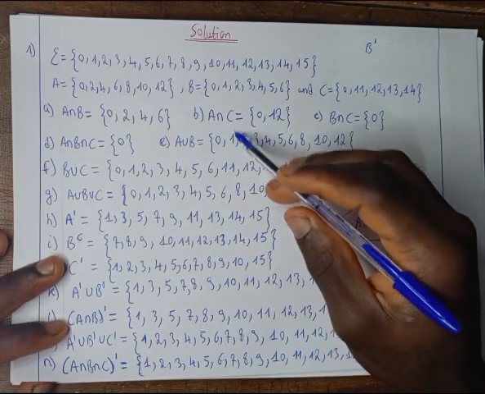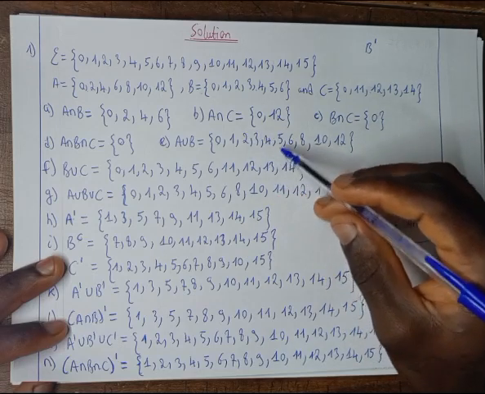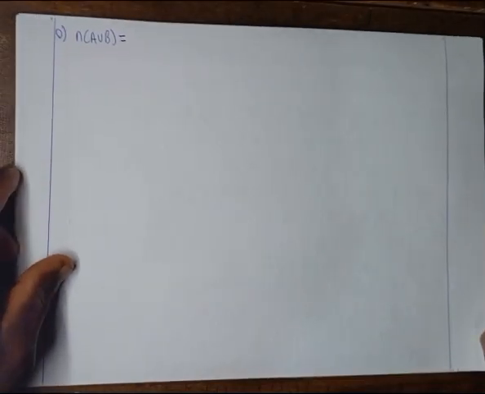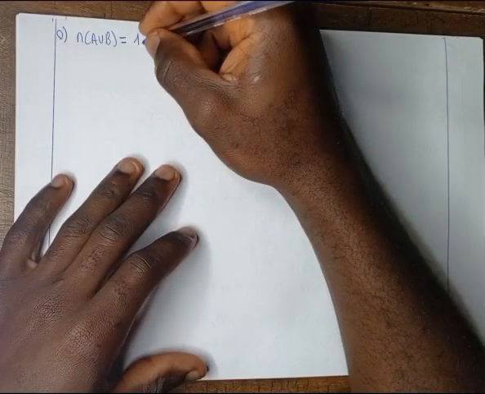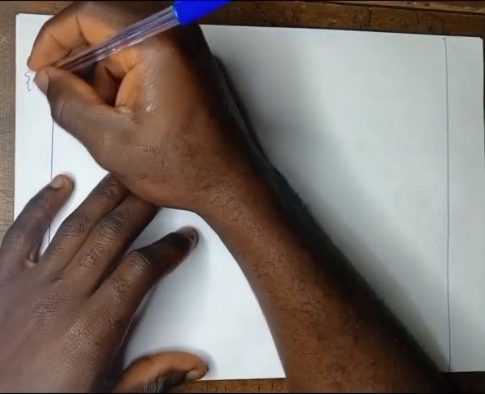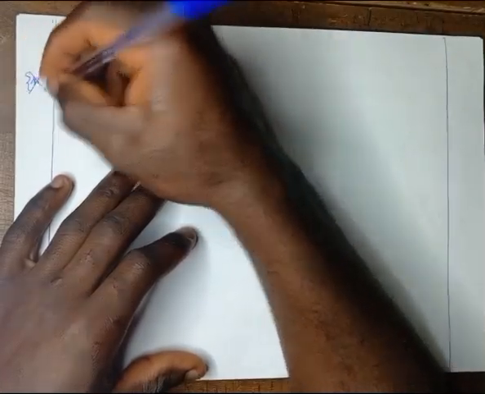We have 1, 2, 3, 4, 5, 6, 7, 8, 9, 10. There are 10 elements. The answer in this case will simply be equal to 10. You take note, it is not a set. If you write something as such, it is wrong. It is not a set.